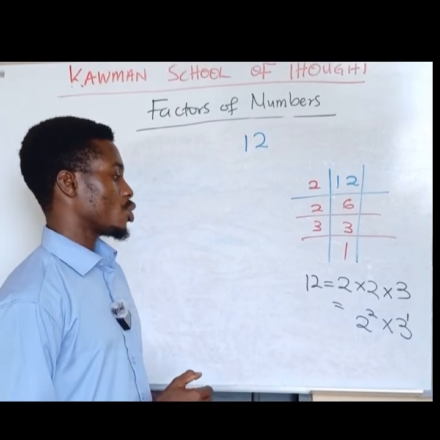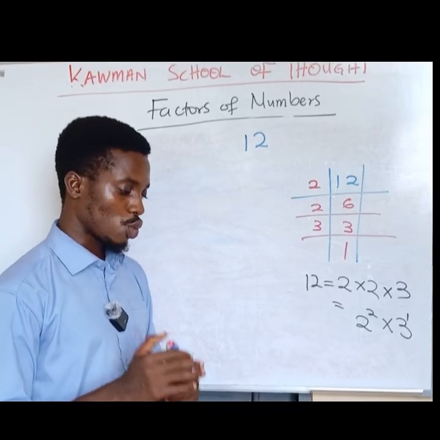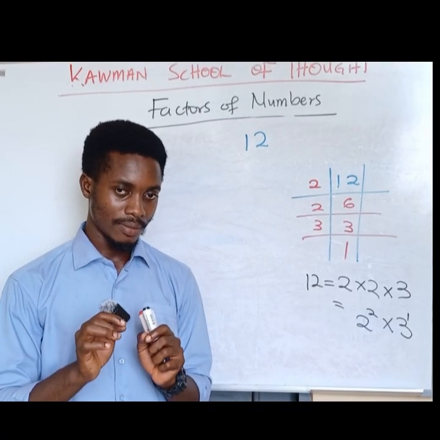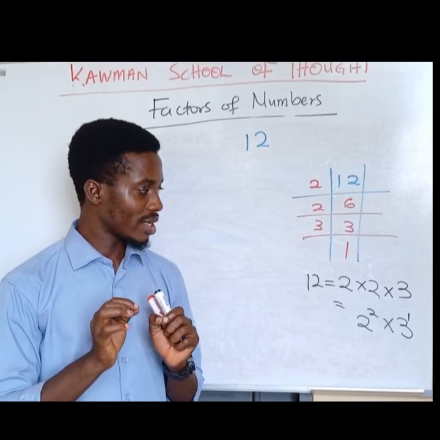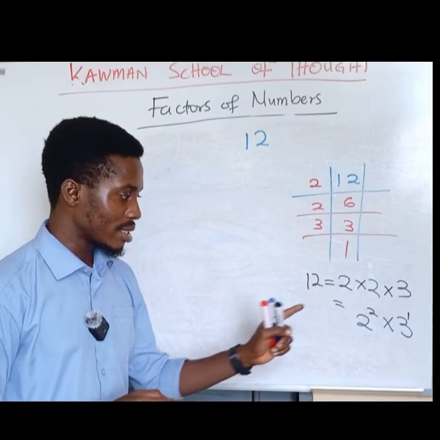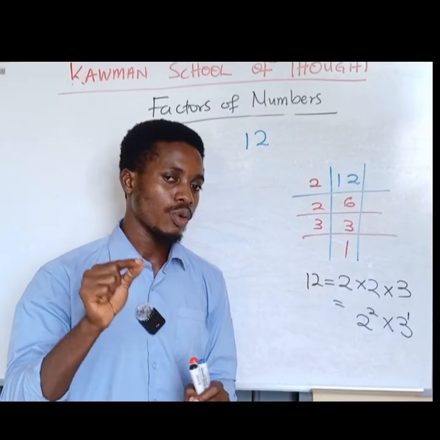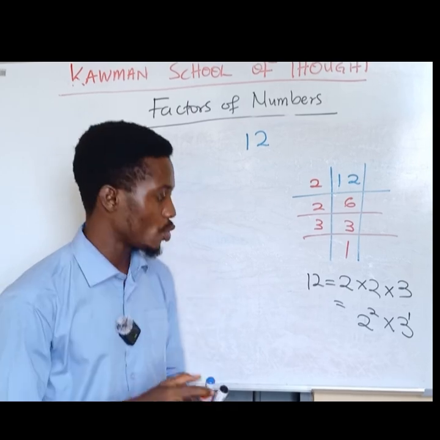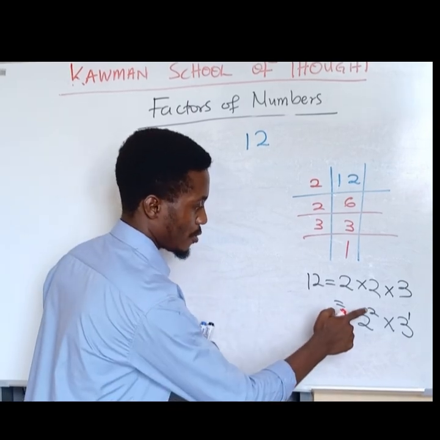Now this is where I want you to pause and take your time and listen carefully. To get the number of factors you are supposed to expect, take the powers, add 1 to each of them and multiply them. What power do we have here? 2.